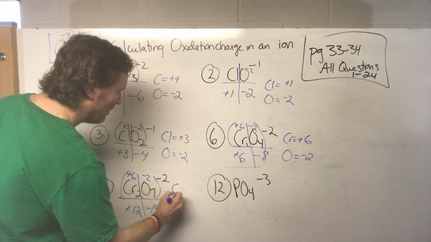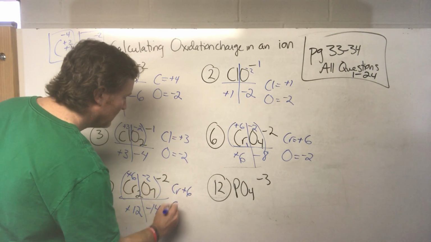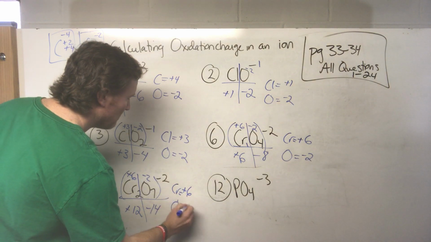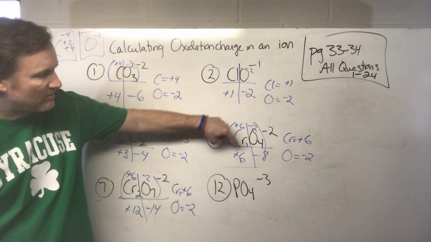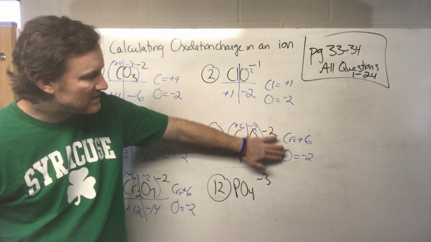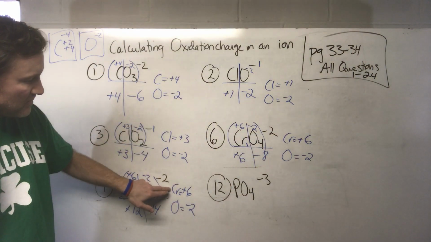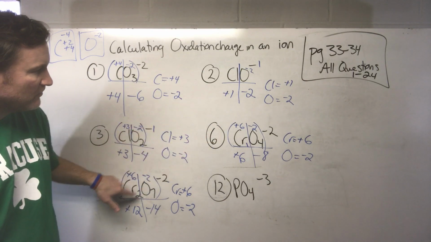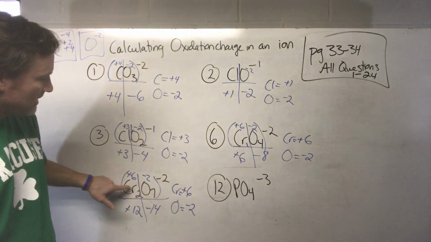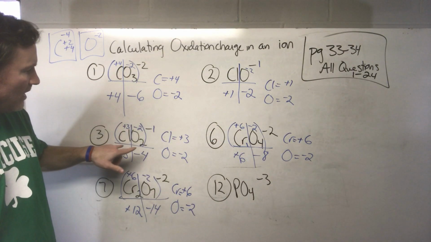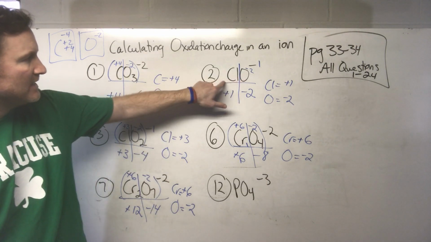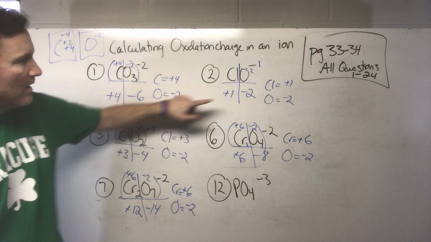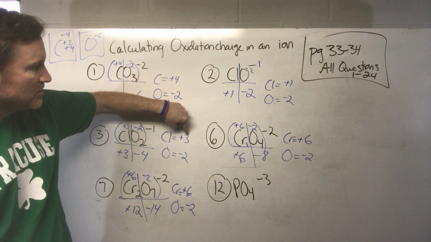So in this case now, chromium is +6. Oxygen, again, is -2. So notice in both of our answers, chromium is +6, oxygen is -2. But my formulas are different, CrO4 and Cr2O7. But if we look at this one with chlorine, ClO and ClO2, chlorine was 1 and chlorine was 3.